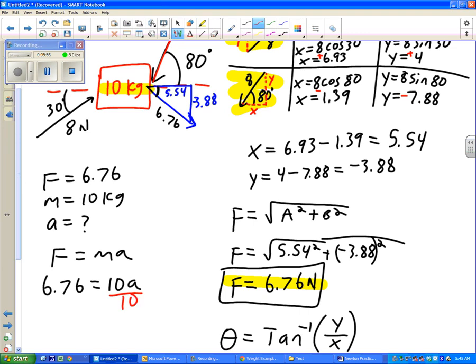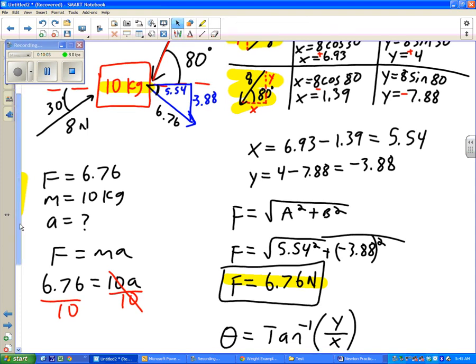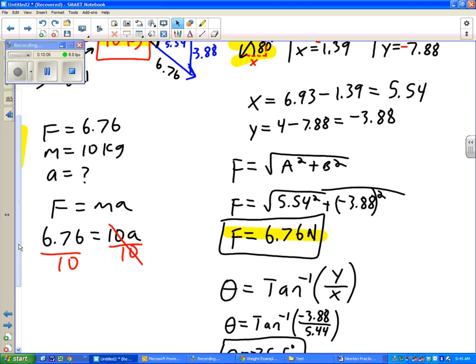Divide both sides by 10. And my final answer will be a equals 0.676 meters per second squared.